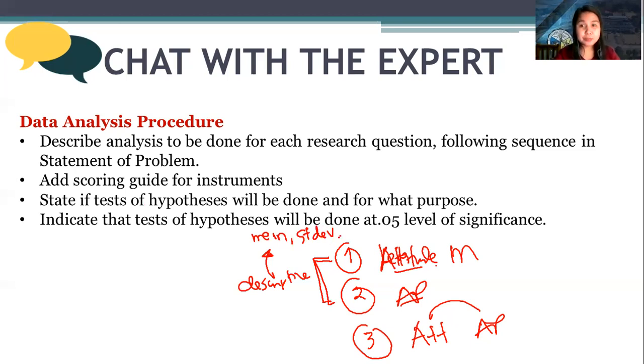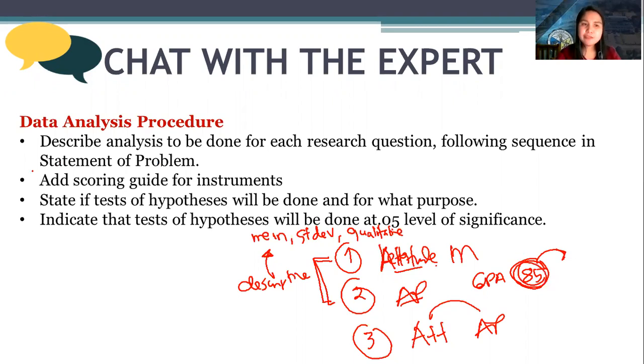Next, to interpret, we provide a qualitative description. Example, if my GPA is 85, what is the qualitative description? Is it outstanding, satisfactory, fairly satisfactory, poor, needs improvement? You need to have a qualitative description.